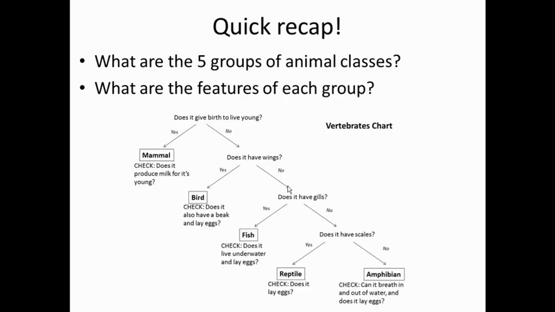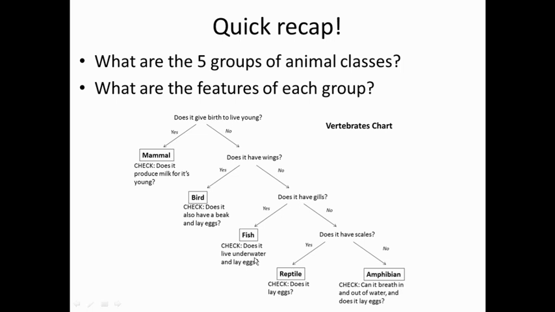Okay, so what you should have had, the 5 groups are mammals, birds, fish, reptiles, amphibians. And the features of each group: mammals give birth to live young and produce milk. Birds have beaks, lay eggs, and have wings.